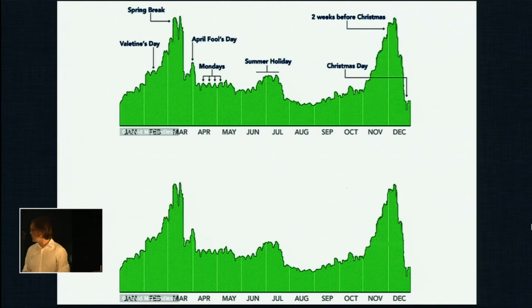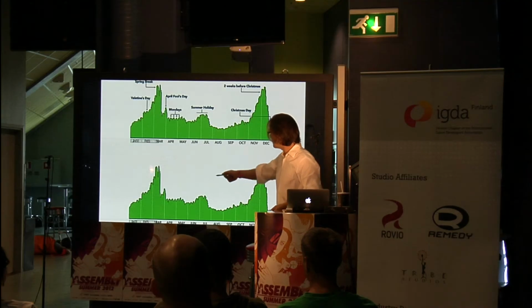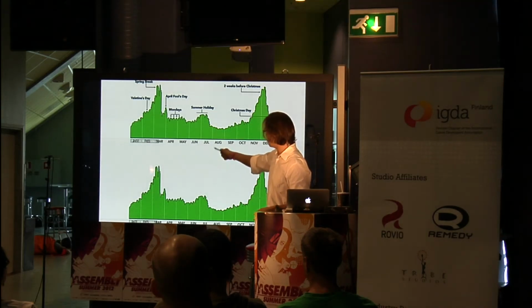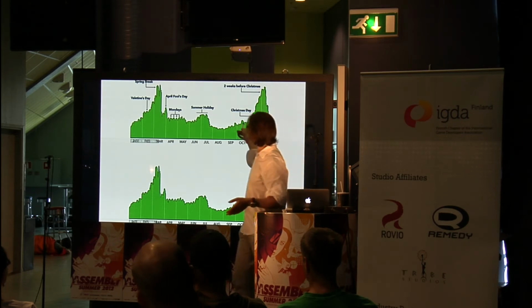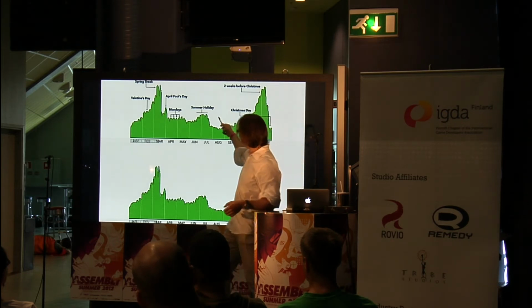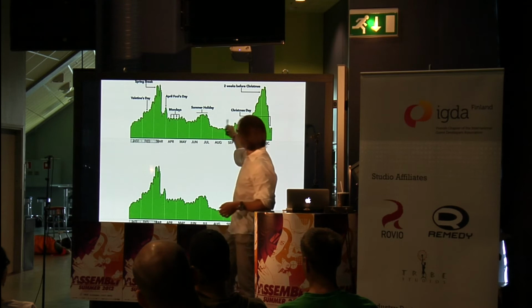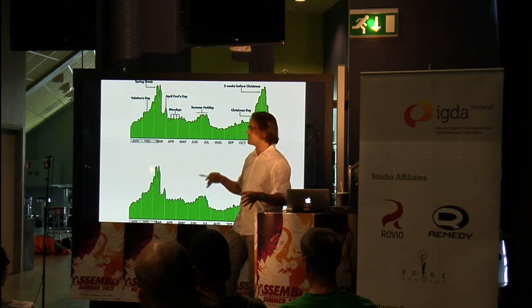Here's a good example. If you take just the graph on the downside, this is the famous Facebook breakups. You know, people breaking up their relationships on Facebook. If you just take the graph, okay, there are different fluctuations there, but only after adding the times of the year do you realize there are certain patterns there.